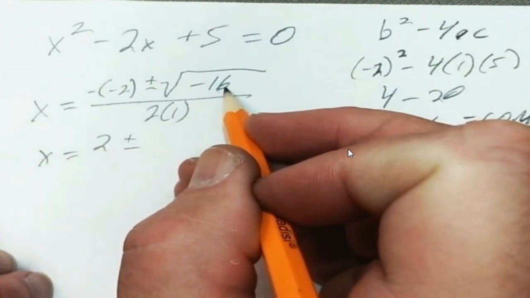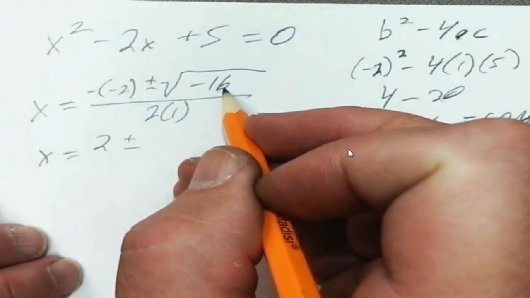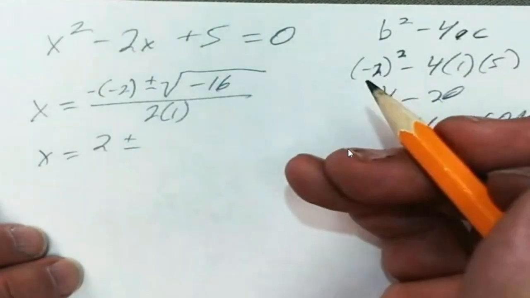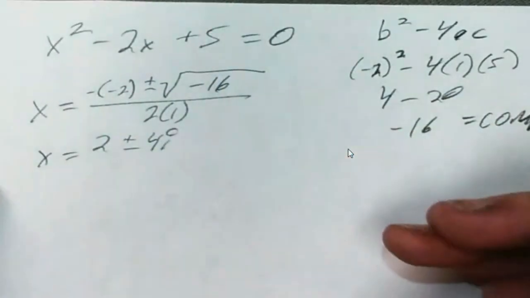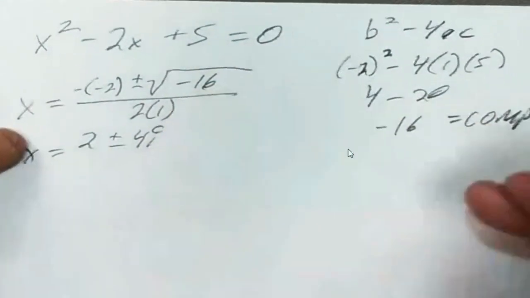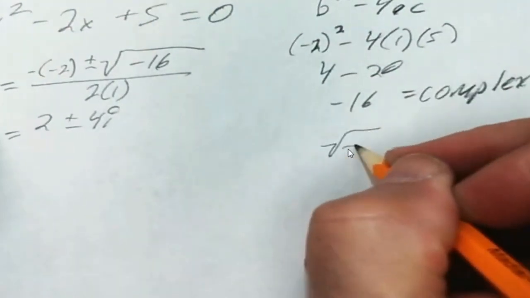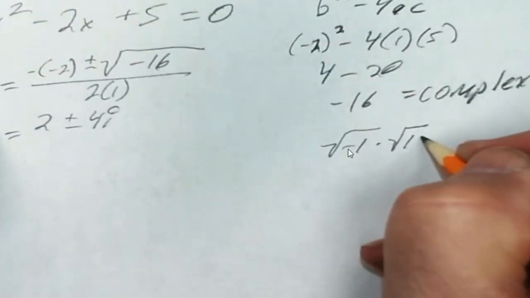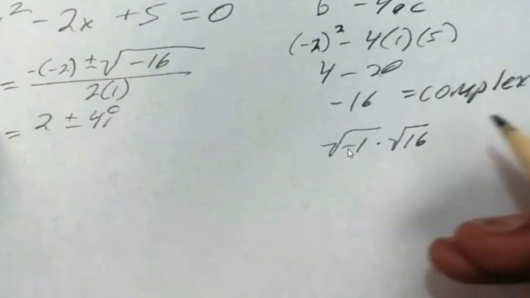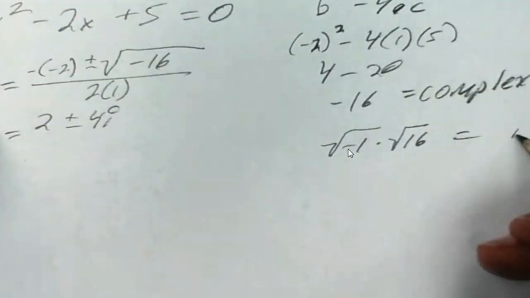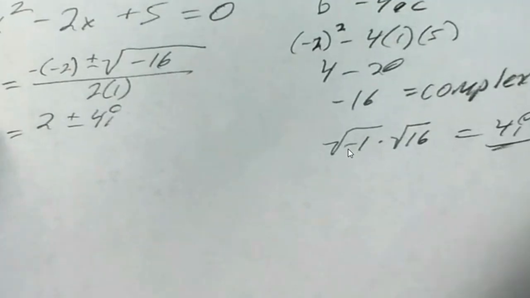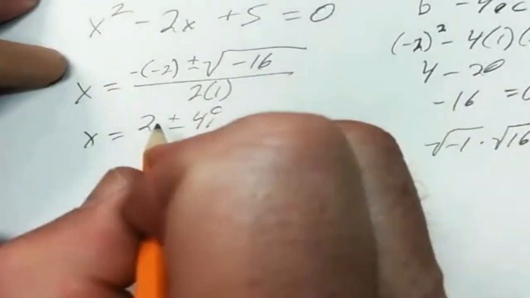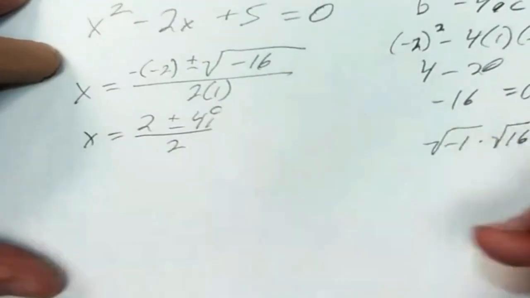Well, if you remember our complex lessons about square roots of a negative number, that's 4i. Because it's the square root of negative 1 times the square root of 16. Square root of negative 1 equals i. Square root of 16 equals 4. So that equals 4i when we have the square root of negative 16, all over 2 times 1, 2.